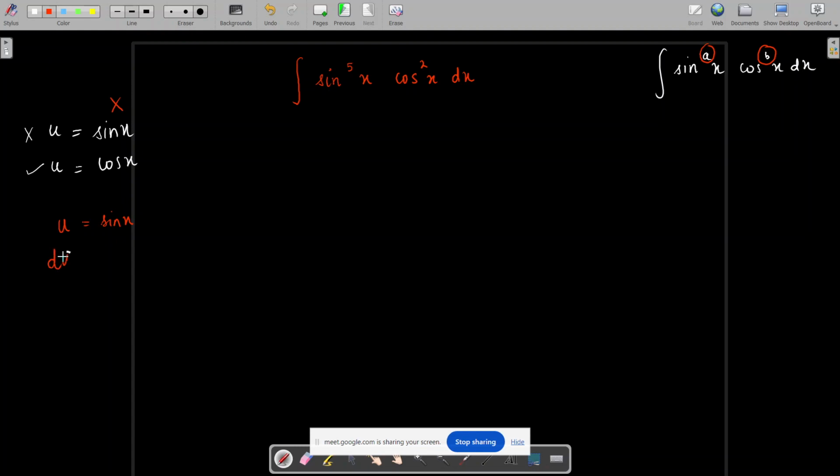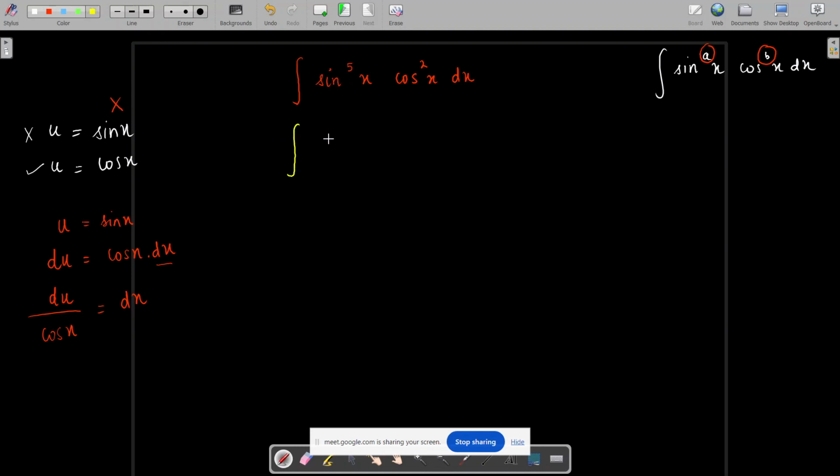So du becomes cosine of x dx, and dx becomes du over cosine of x. Let's now simplify this.